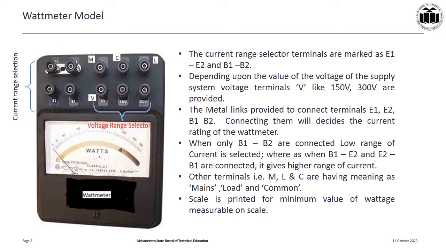In this picture of the wattmeter, you can observe the current terminals and voltage terminals in addition to the M, L, C, V terminals. The scale is printed with 1500 watt for maximum full scale deflection by the pointer.